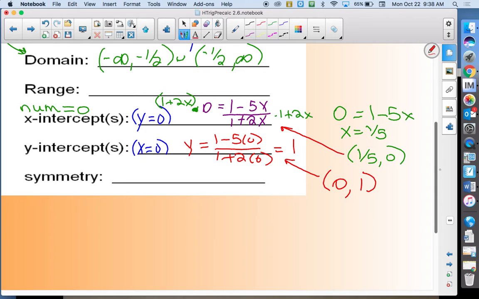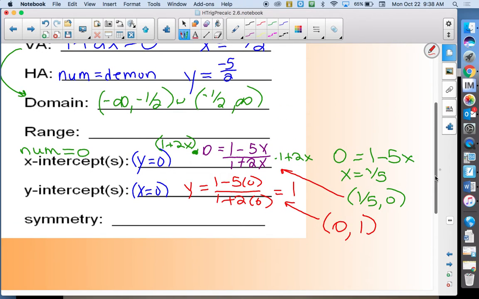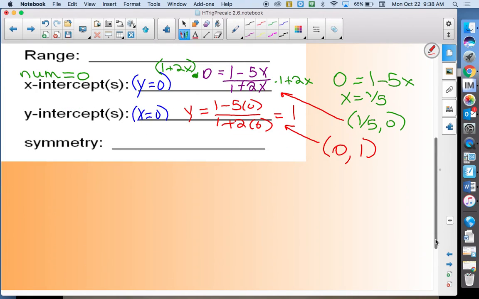The last two questions that I skipped over, you will want to look at the graph to get the range, because not all times will the range completely coincide with the horizontal asymptote. Sometimes it does, sometimes it doesn't. And then symmetry, there are 3 types of symmetry. You could have symmetry about the x-axis, which really means it's not a function. You can have symmetry about the y-axis, and you can have origin symmetry.